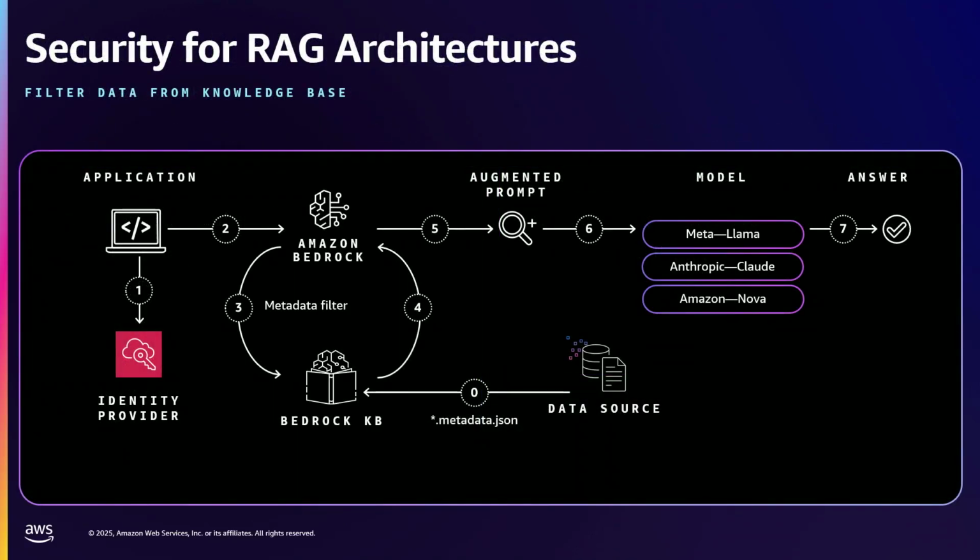Just to make this very, very clear, you have a user come into your identity provider, they perform authentication, you perform authorization there. Then in the query that the user makes, we are going to perform a metadata filter, which as I mentioned is just a pattern match. And then that pattern match will look at your data that is stored on your data source, which you will already have cataloged using the metadata.json file.